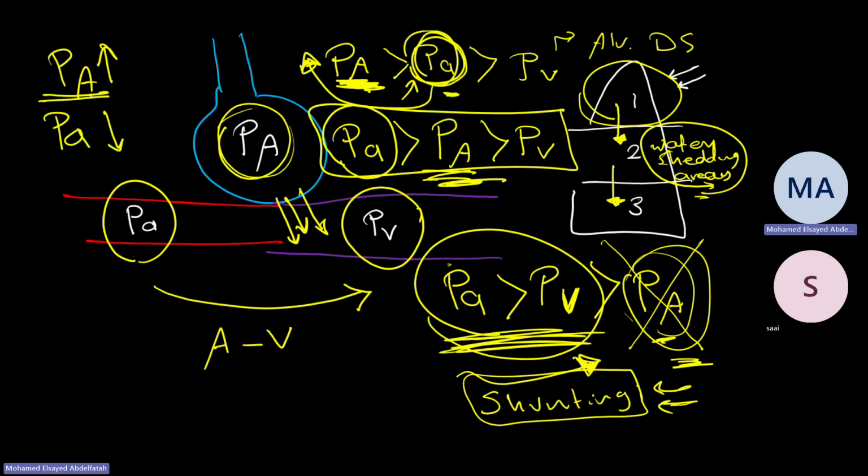What increases the alveolar pressure? Positive pressure ventilation. Excellent. And what decreases the pulmonary arterial pressure?